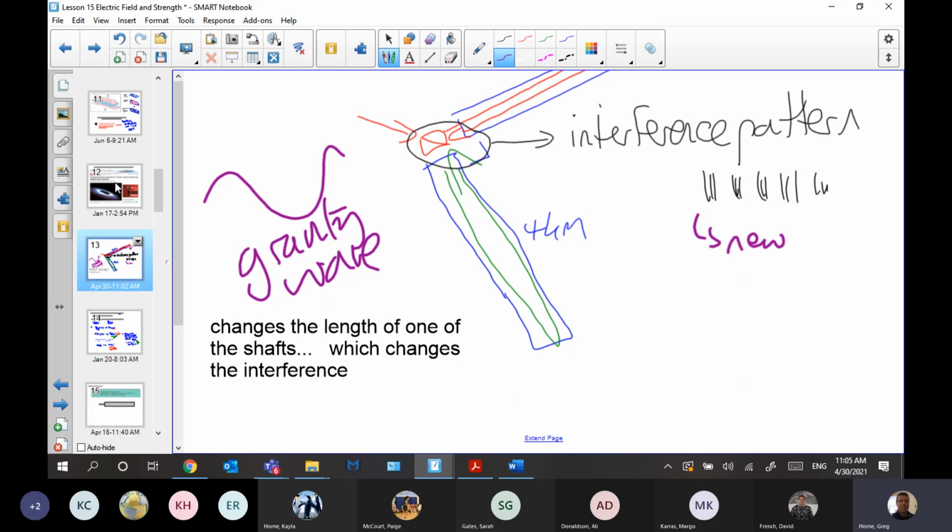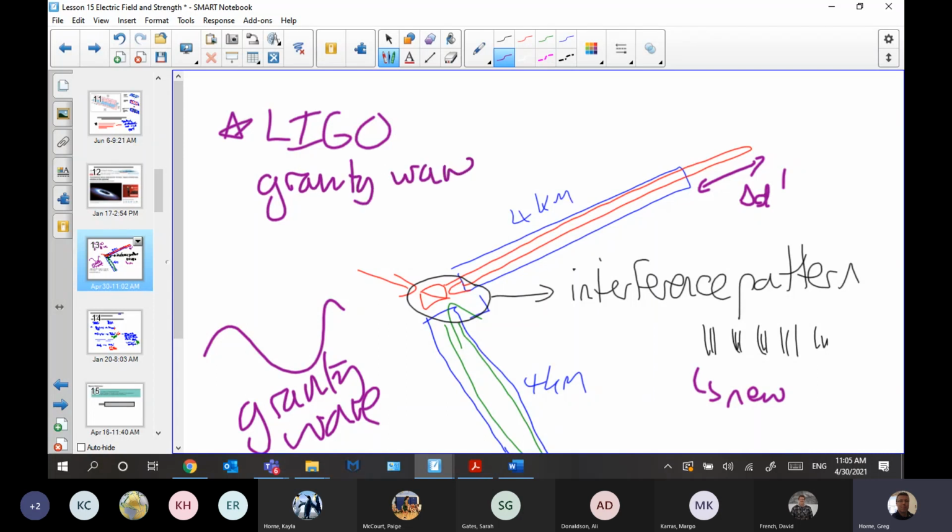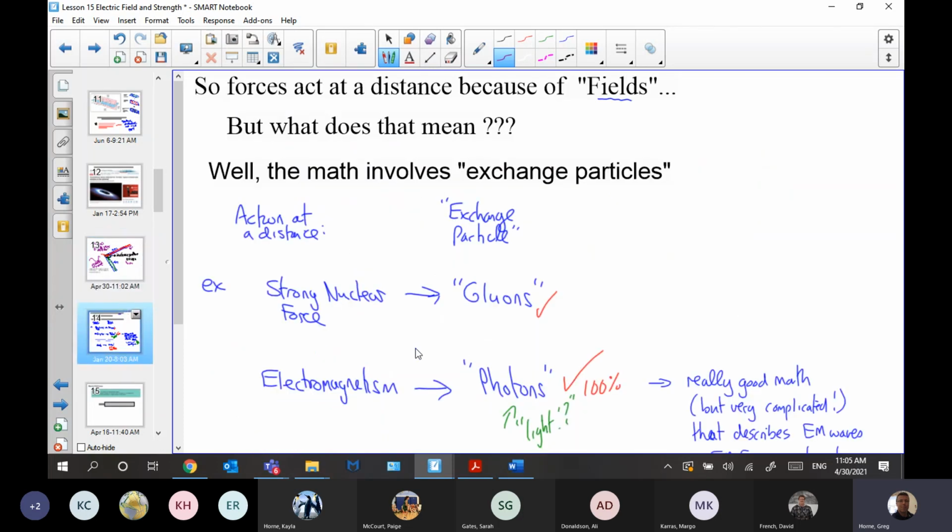Pretty fantastic stuff. If you want to search more about this, search LIGO, and it's the gravity wave detector. Pretty cool stuff. Not too shabby of a way to get a PhD. Questions?